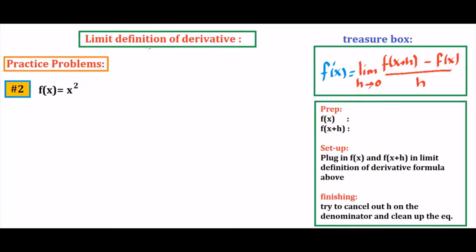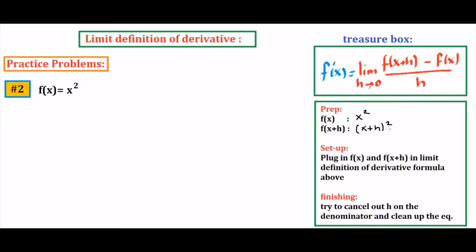Let's look at this example. F of x is equal to x squared. So our prep is f of x. F of x is given, which is x squared, and f of x plus h will be x plus h, the quantity squared, because wherever we see x, we replace it with x plus h.